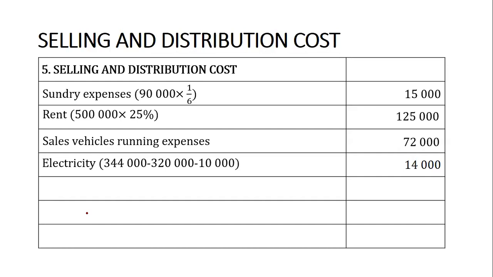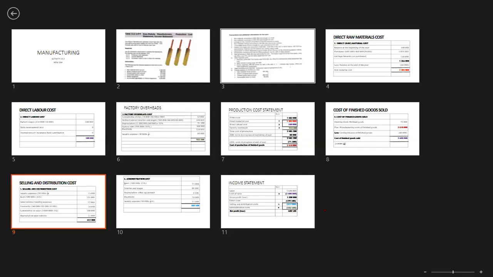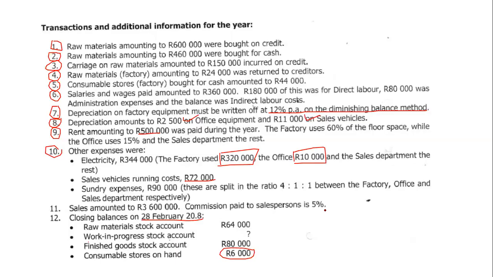Vehicles. You will simply write it as sales vehicle running expense, and it will be 72,000. I just showed you the answer there. Now for commission, how do we calculate commission here?